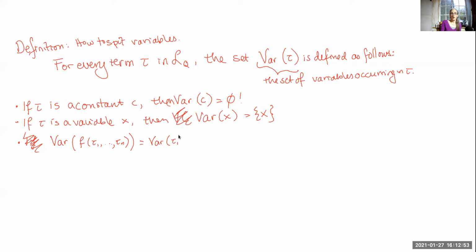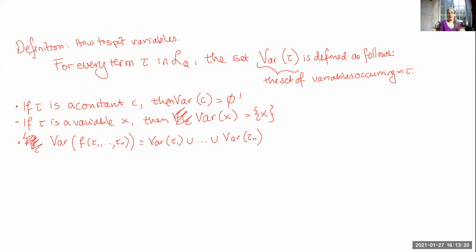So the variables of tau 1 union with the variables of all of the other taus up to tau n. Recall, union just is the dumping everything into the same bucket operation in set theory. So it's all the variables in tau 1, all the variables in tau 2, all the variables in tau 3, etc., until you reach all of the terms that you have.